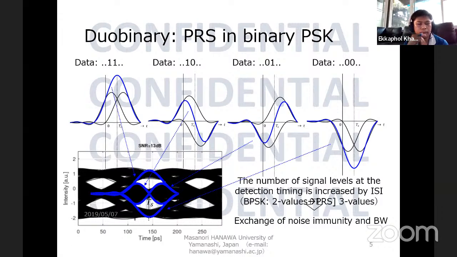The merit of this method is the narrow bandwidth, because we send the same signal twice, or we use wider pulses. Then we can make the transmission bandwidth narrower.